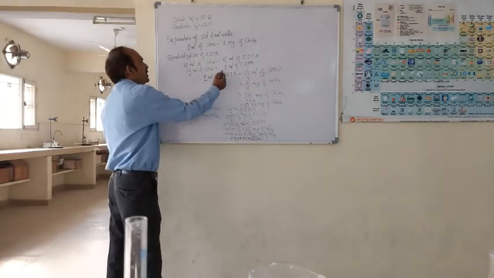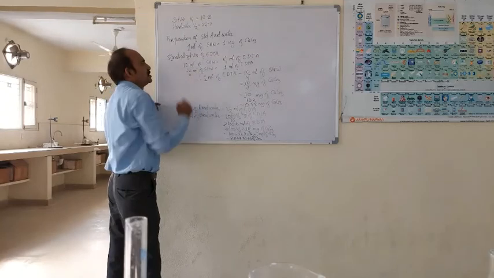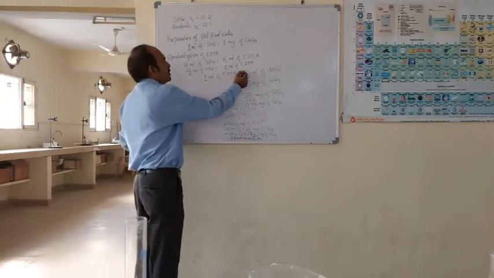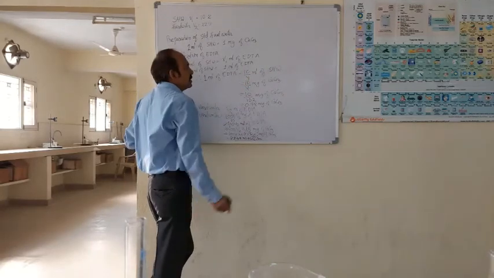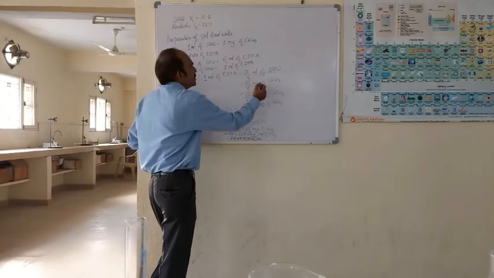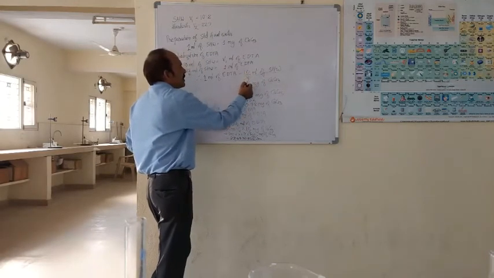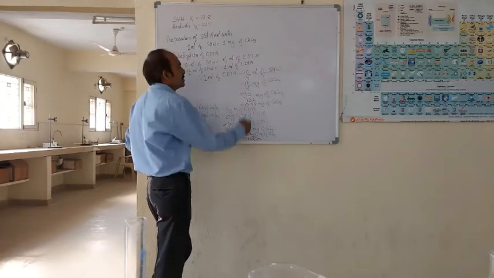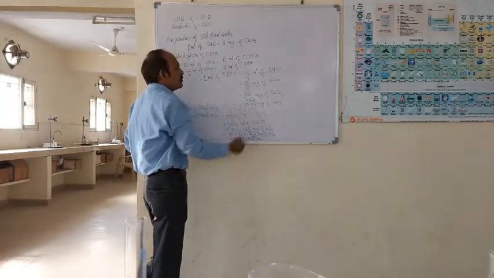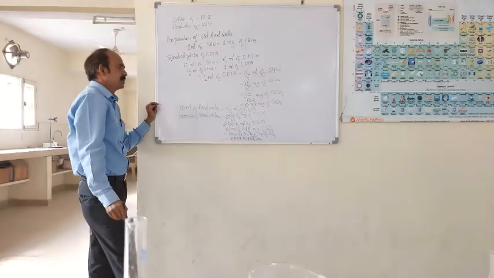So 1 ml of EDTA is equal to 10 by V1 ml of SHW, which we simply replace with 10 by V1 mg of CaCO3. The value of V1 is about 10.2, so when we substitute, the value is 0.98 mg of CaCO3.